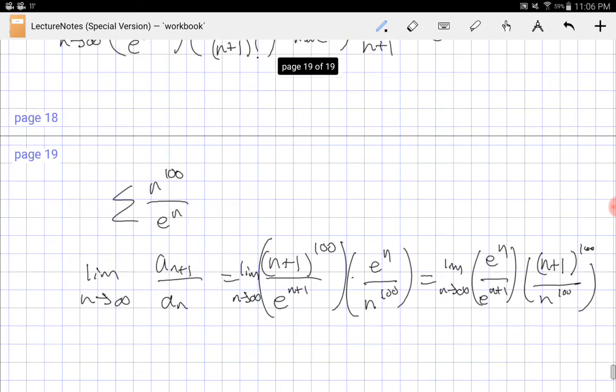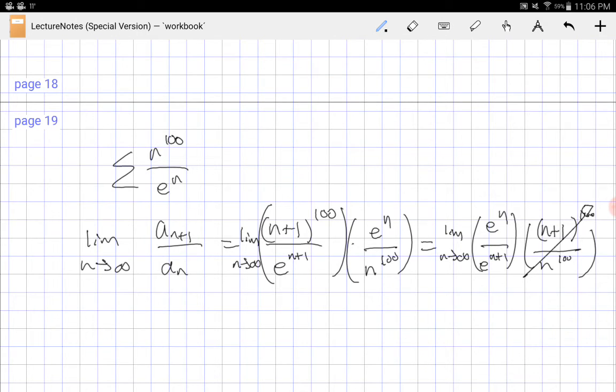So when n gets very large, this number goes to 1. And e to the n over e to the n plus 1 is equal to 1 over e. So this is equal to 1 over e. E we know is approximately 2.7 something, so we can say that this is less than 1. So we can say that this whole series is converging.